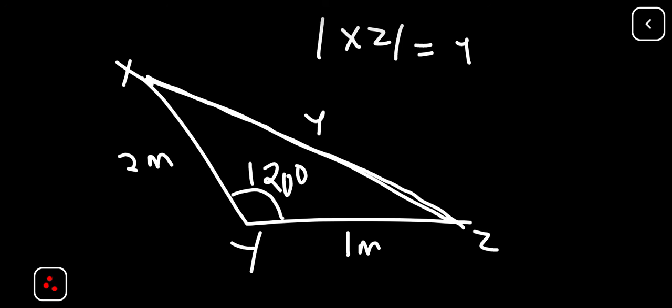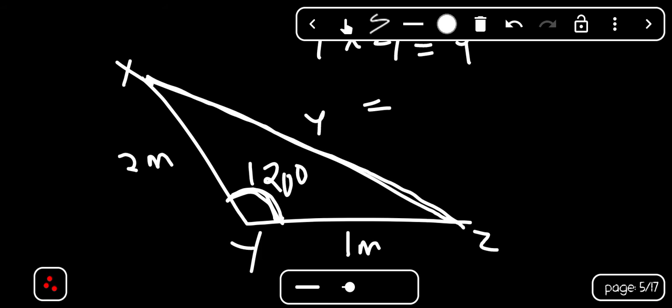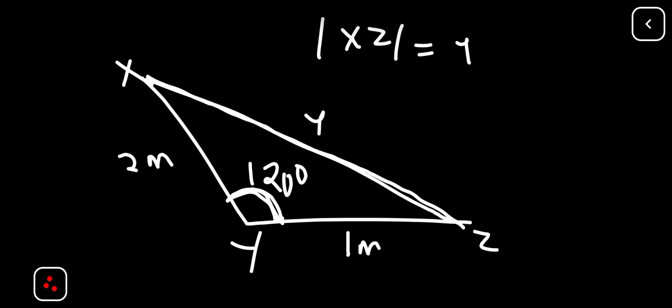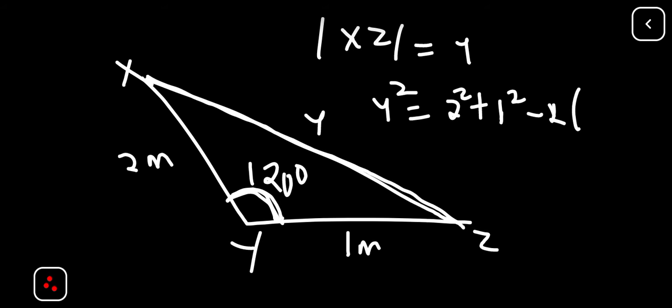So what are we going to do? Remember the conditions for applying cosine rule. There are two sides given, and then there is an included angle. So we can apply the cosine rule, using all the letters here: y squared is equal to 2 squared plus 1 squared minus 2 brackets 2 times 1, because it's like 2bc from our formula, then cos 120 degrees.